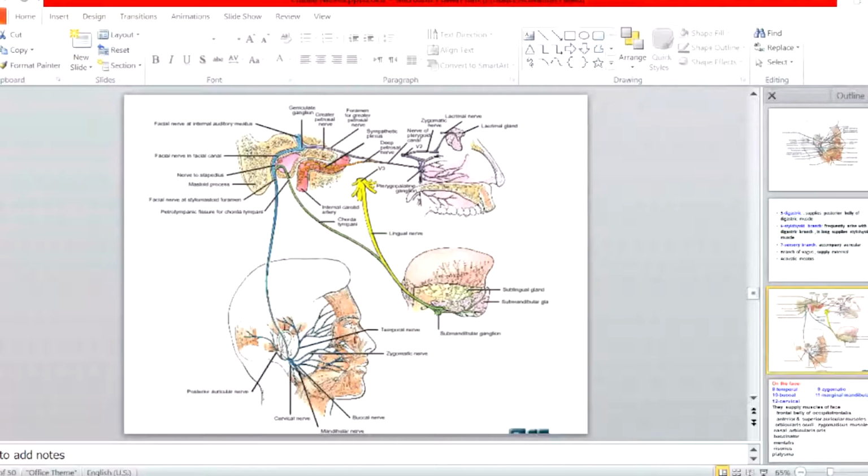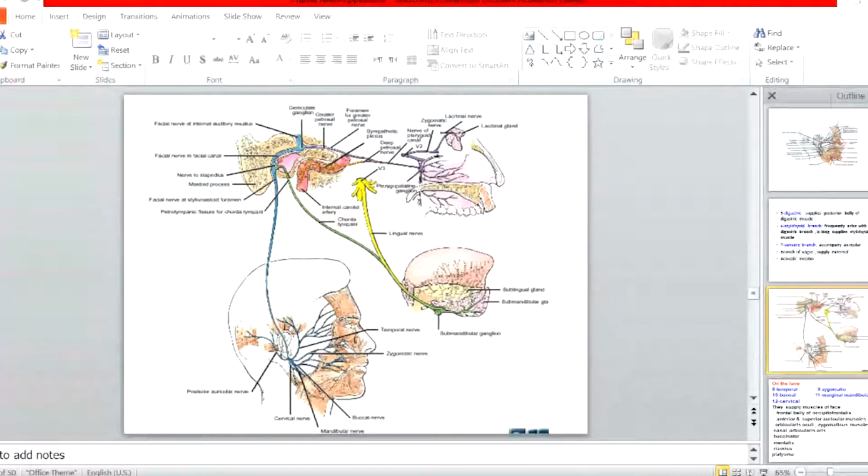It carries preganglionic parasympathetic fibers. It passes in the floor of the middle cranial fossa and then is joined by another branch from the sympathetic plexus around the internal carotid artery, this orange one. The two unite with each other in the floor of the middle cranial fossa.